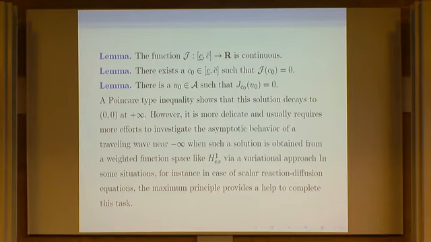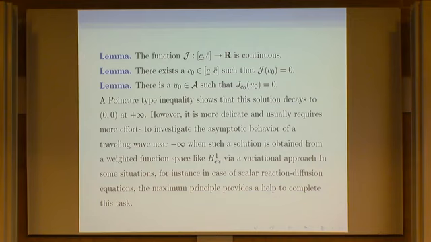However, if you look at this weight, EX, at minus infinity, this weight is very, very light. So you don't know this U0 has to go to 0 or even be bounded. But of course we can show it's bounded.